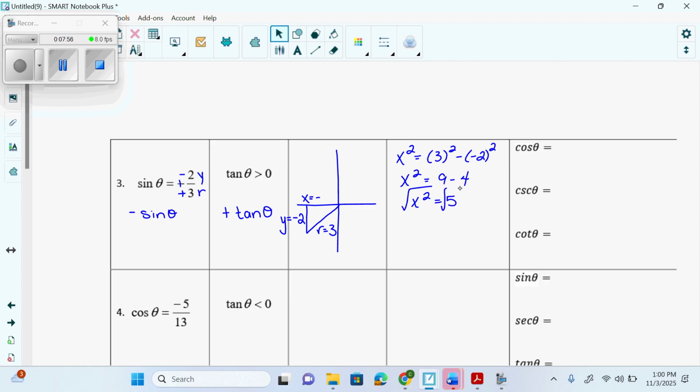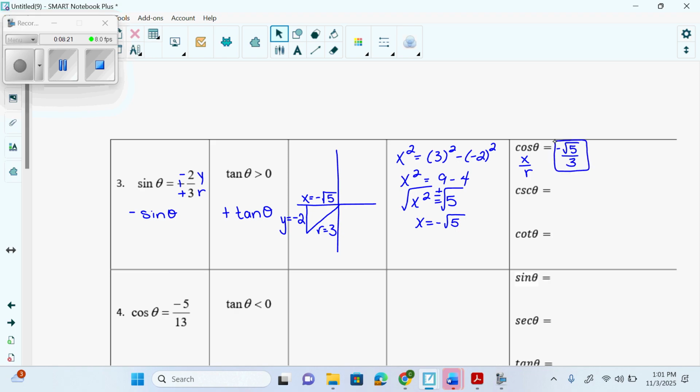Square root, plus or minus. So it's going to have to be negative root 5. And it needs to be negative because we know it's in quadrant 2 or quadrant 3, and in quadrant 3, X and Y are negative. Paying attention? Okay. Then cos is cook extra rice. So we're going to get negative root 5 over 3.